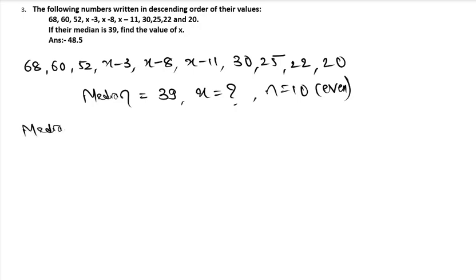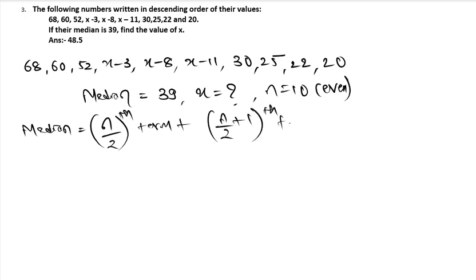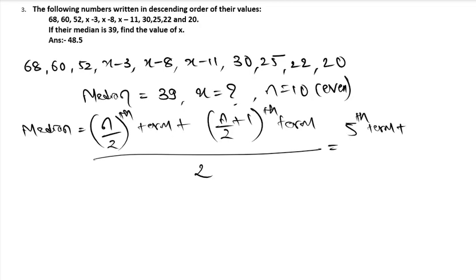So median is equal to n by 2th term plus n by 2 plus 1th term, the whole upon 2. So n is 10. Directly I can write 5th term plus 10 by 2, 5, 5 plus 1, 6th term, the whole upon 2.